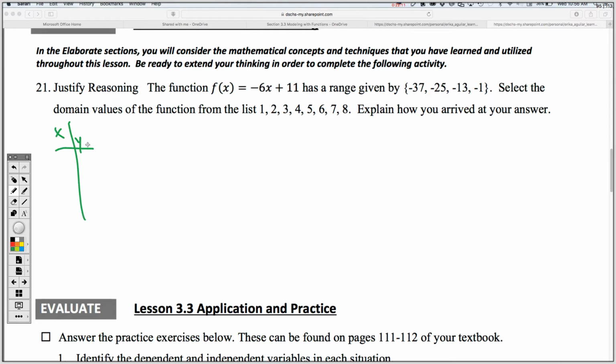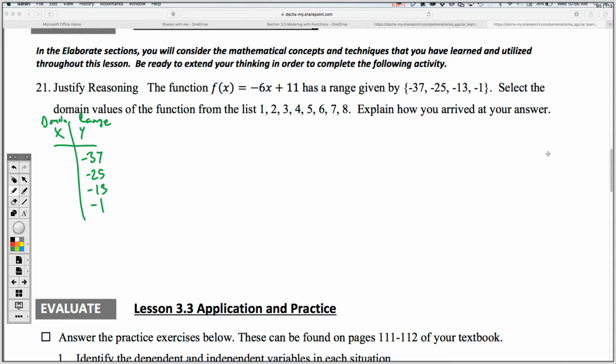Your domain is what, X or Y? X. So this is your domain. This is your range. They gave you range values. So you have negative 37, negative 25, negative 13, negative 1.